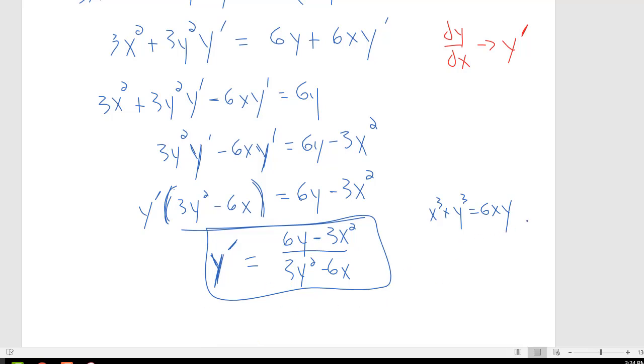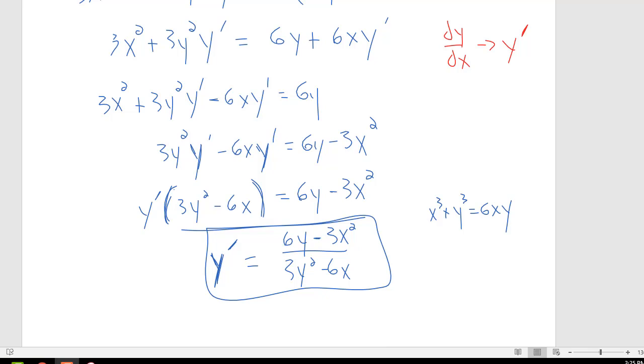Because we don't have y explicitly as a function of x, then y prime will not be explicitly a function of x. Notice that y prime has y's and x's in it, right? So no surprise there, right? The function y is not described explicitly as a function of x, so y prime won't be either.